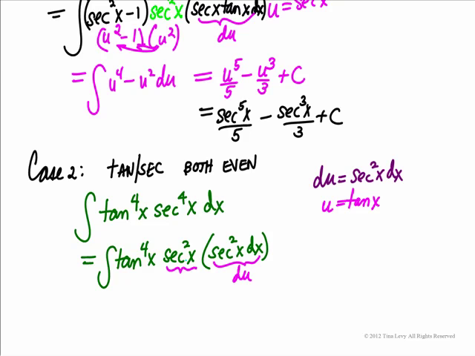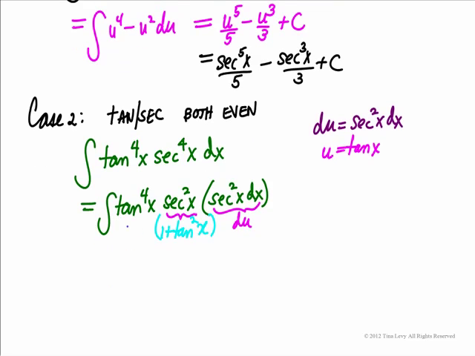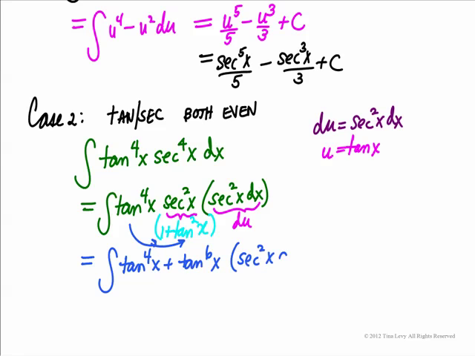We know that secant squared is 1 plus tangent squared. So in this case, we're going to distribute this through. So this becomes the integral of tangent to the 4th x plus tangent to the 6th x, and then we've got that secant squared x dx.